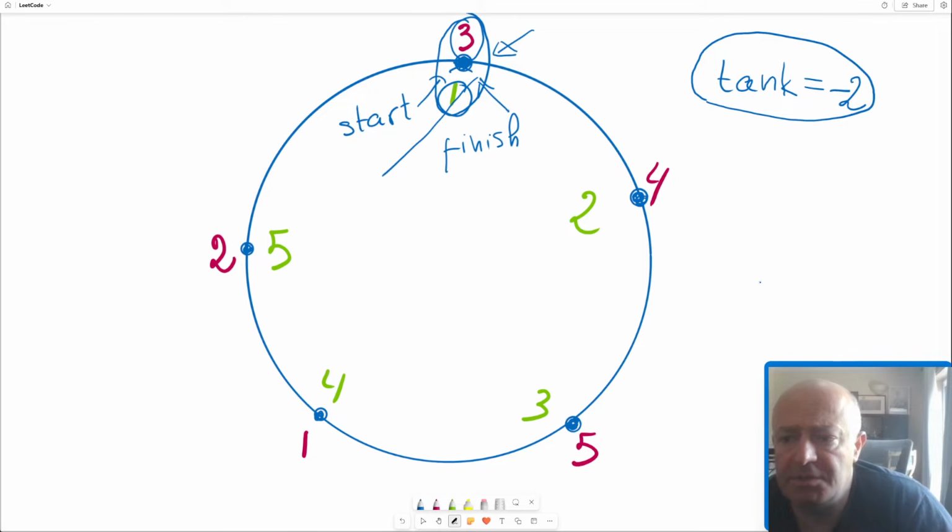So if it was non-negative, then we could continue to travel, right? If it was non-negative, that would mean we can actually reach the next station, because then the tank would be non-negative. That's a valid scenario. So if tank is non-negative, we can update finish to point to the next station.